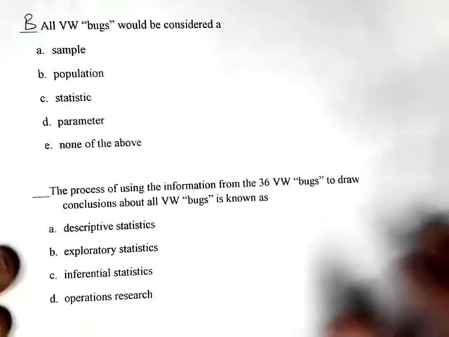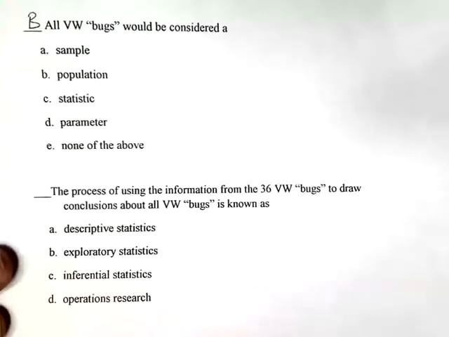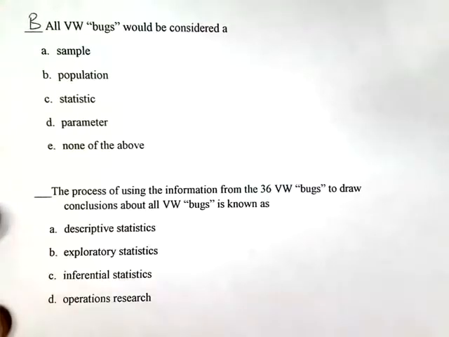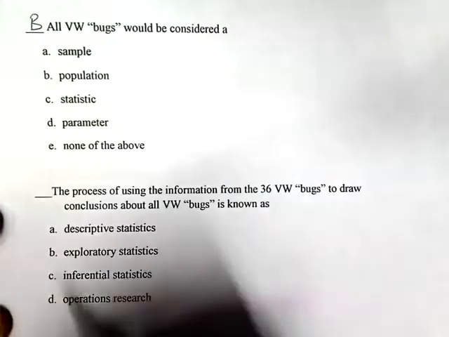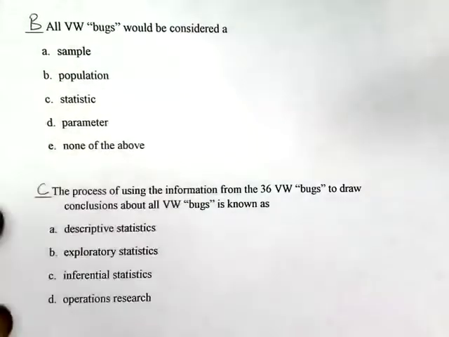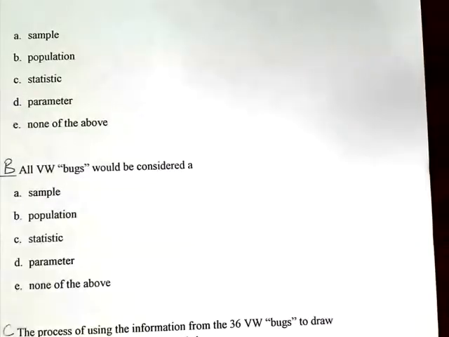Now the process of using the information from the 36 VW bugs to draw conclusions about all bugs is known as inferential statistics. Okay. Moving on here to the next page.